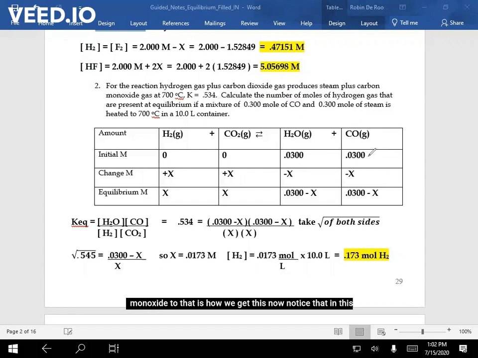Now notice that in this case, we are given the products and we have 0 of the reactants. So we're starting with products and the reaction will go this way.